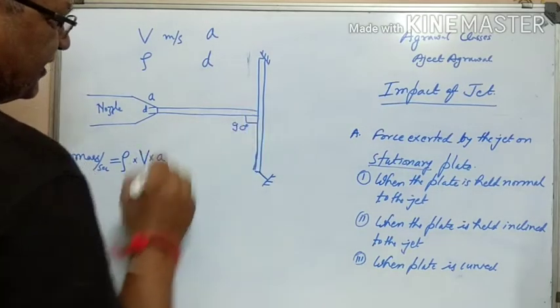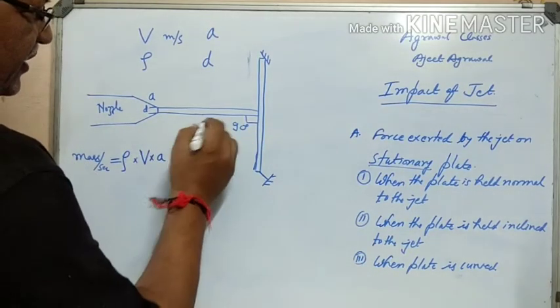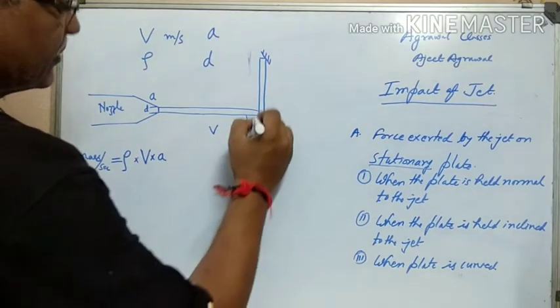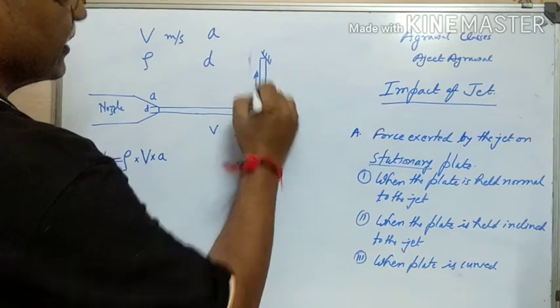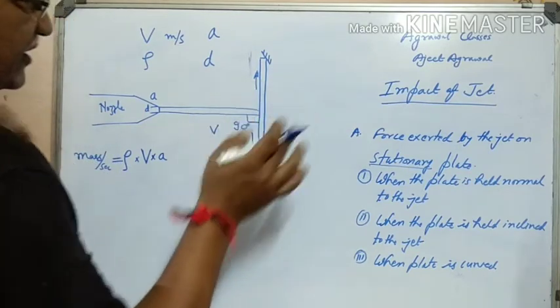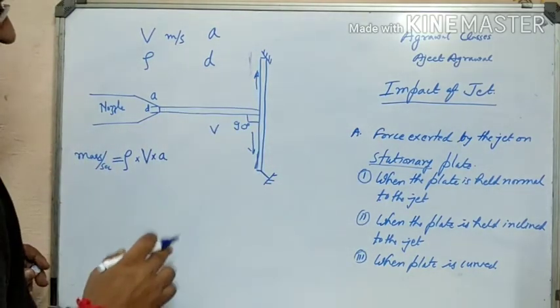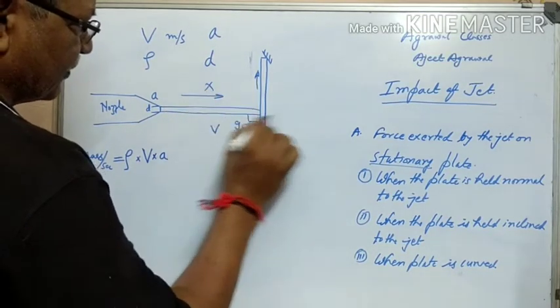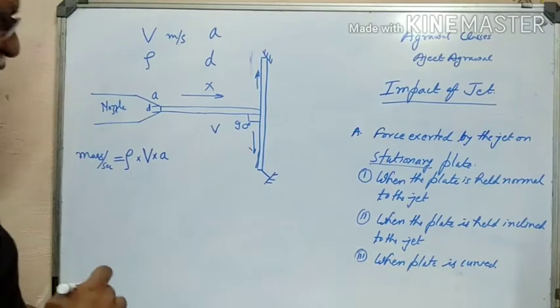When it is striking the plate, it has an initial velocity of V, and the exit velocity is somewhere here. In all directions it will be scattering, and in the x direction, the velocity after striking will be 0.